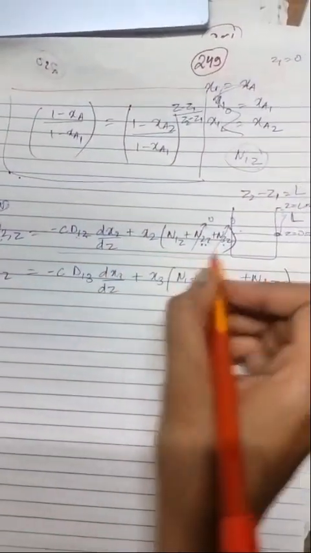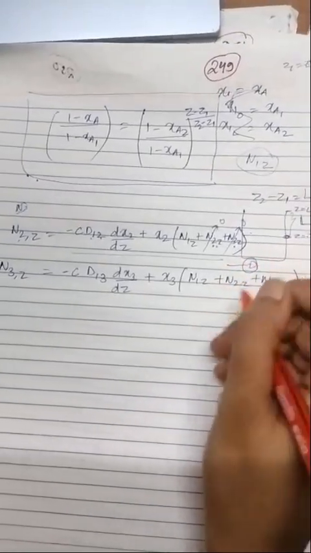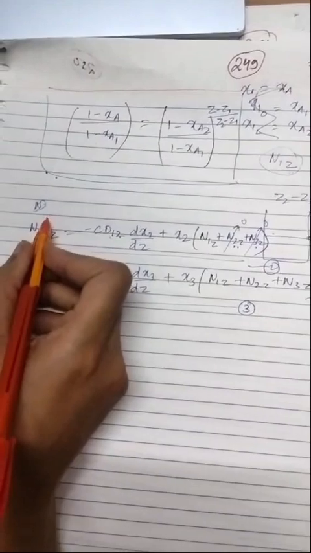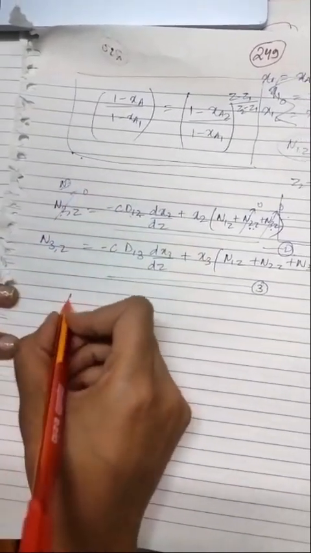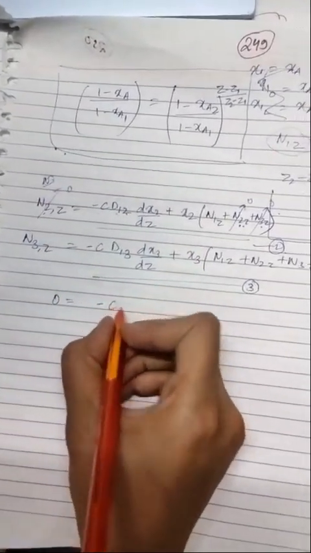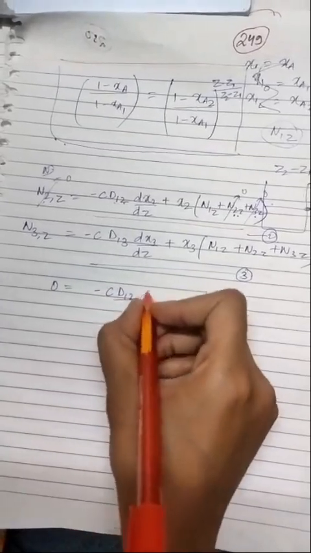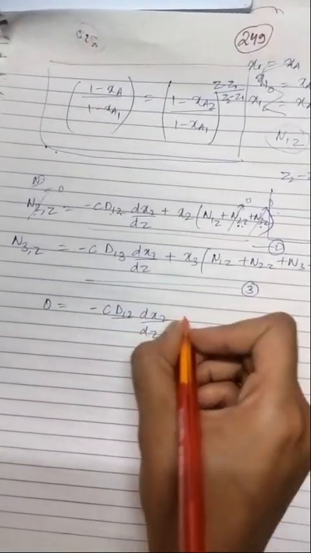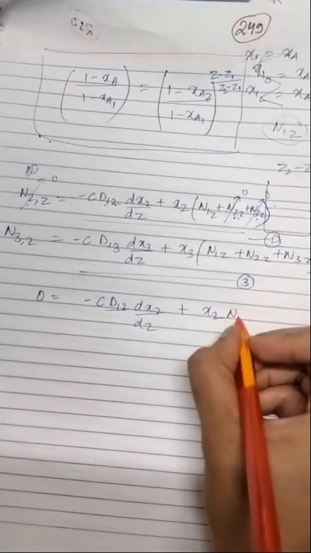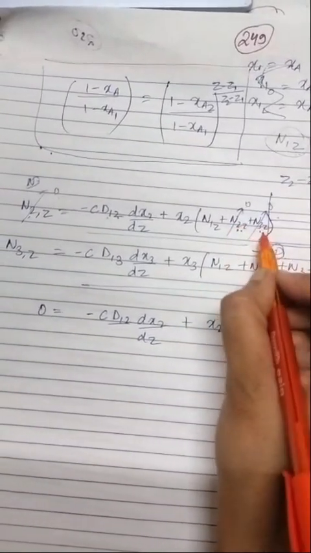So for this equation, which is our equation number 2, and this equation, which is 3, even your LHS is 0. So 0 is equal to minus C D12 dx2 upon dz plus x2 N1Z, because both N2 and N3 are 0.